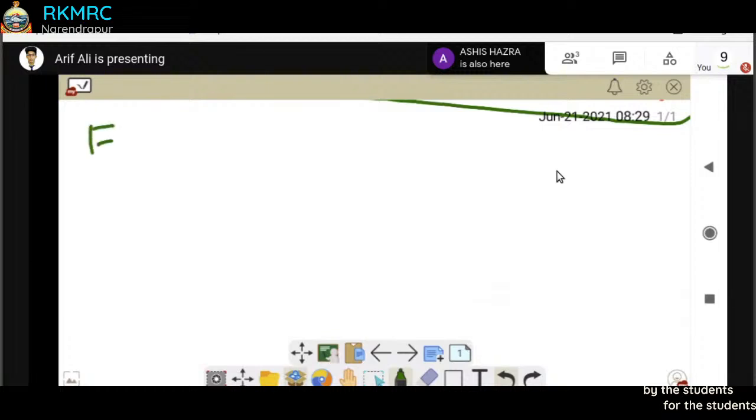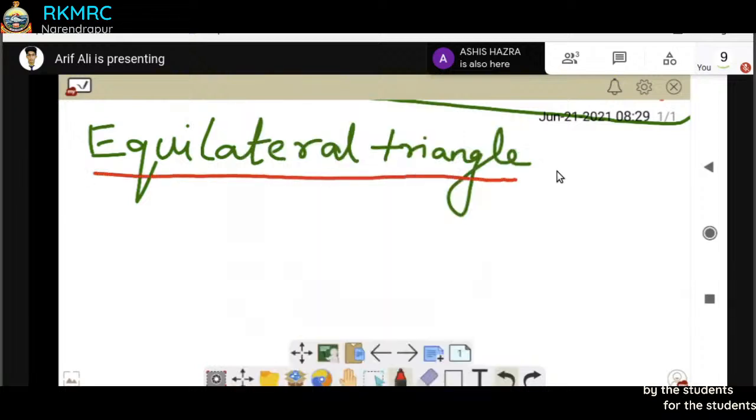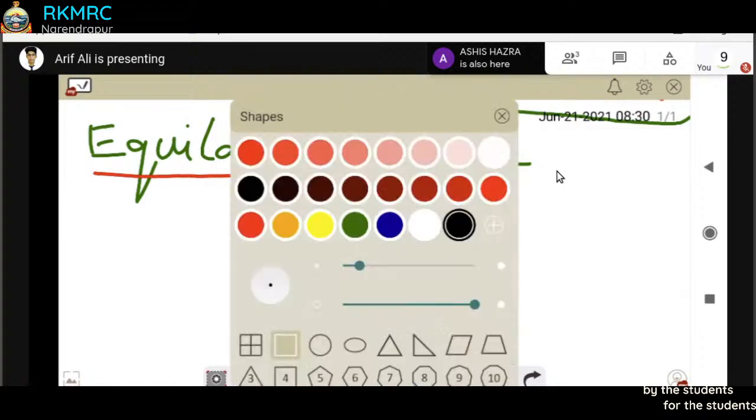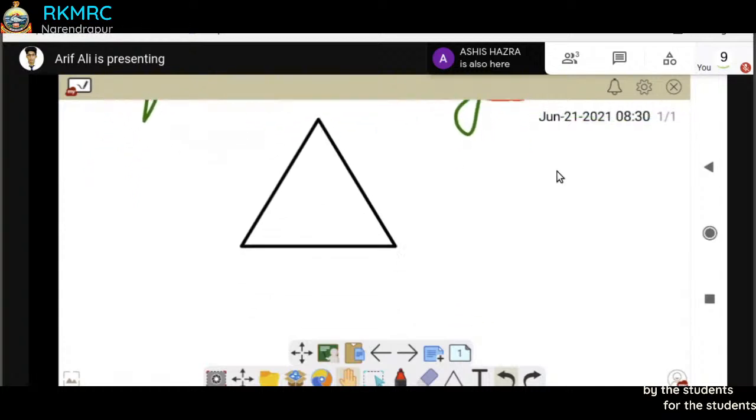Next, equilateral triangle. Equilateral triangle means all the sides of the triangle are equal. Equal means same. This is your equilateral triangle.